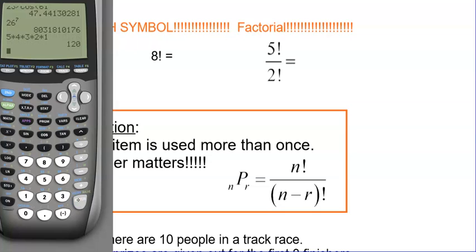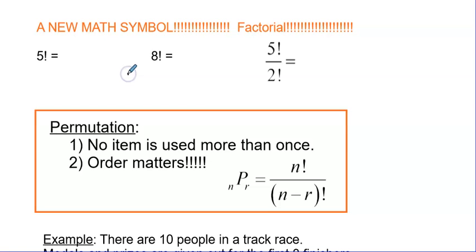There's also a way on these calculators to use the stats keys. So if we hit the number 5 and then hit our math button, see PRB, that means probability. So if we go up there and see number 4, exclamation point, just hit enter. And we'll practice this in class.